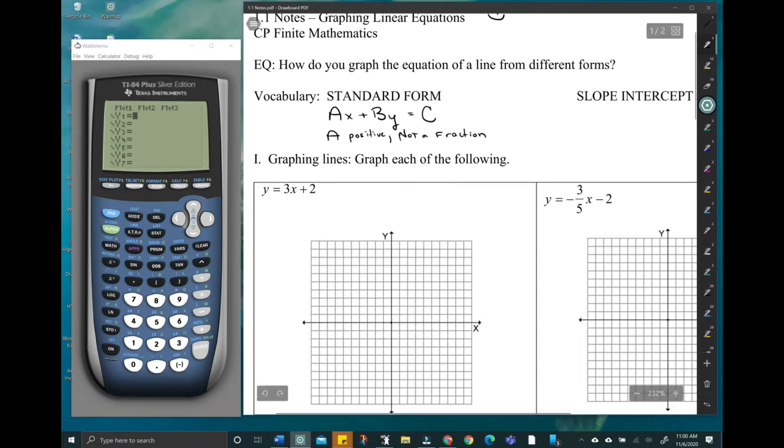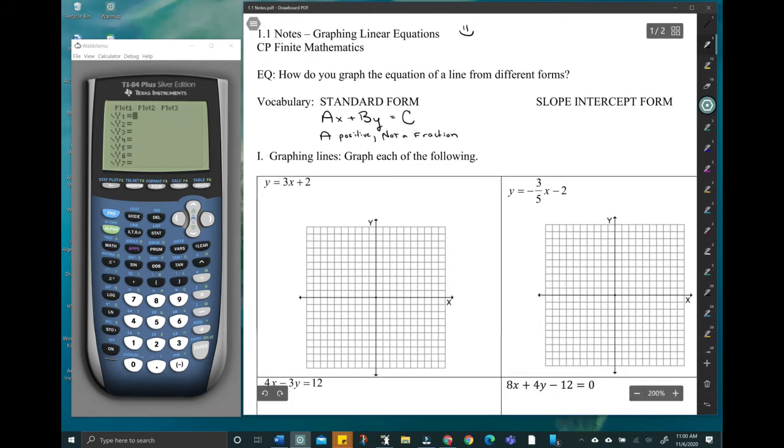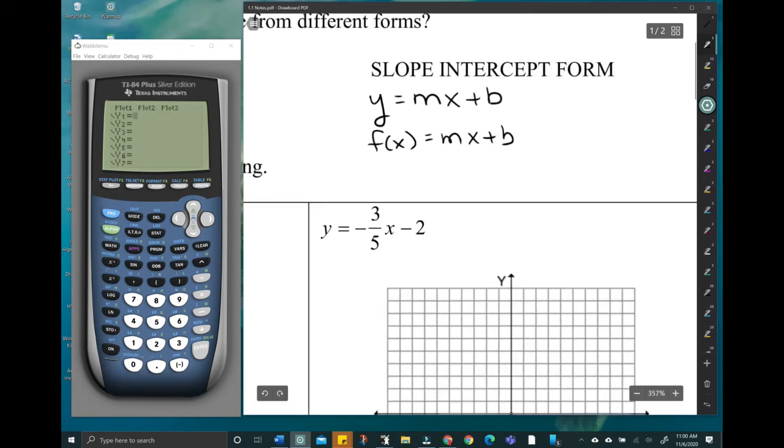Slope-intercept form, that's the best one to graph from, really. That is in the form y is equal to mx plus b. You'll also see it as f of x for functions is mx plus b. Why it's known as slope-intercept form is pretty simple.